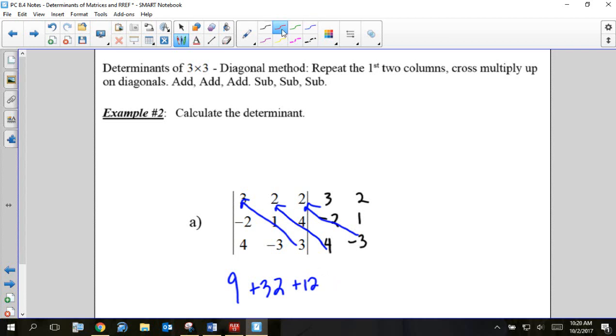And we're going to subtract the diagonals going the other way. So we're going to subtract 3 numbers this time. So 4 times 1 times 2 is 8. Then we're going to subtract -3 times 4 times 3, so -36. And then we're going to subtract 3 times -2 times 2, -12.